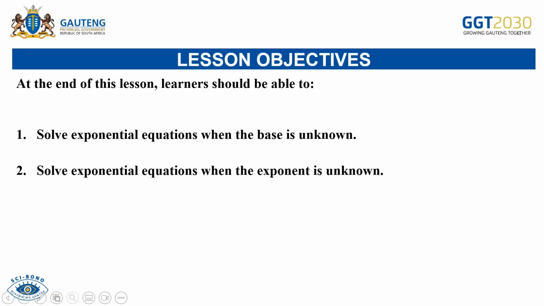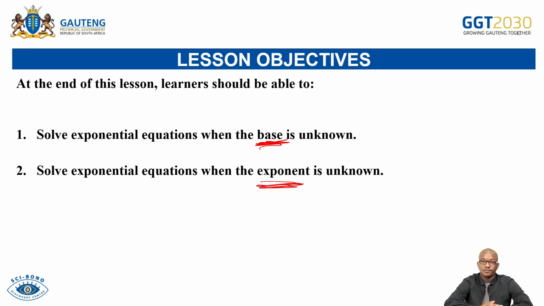Looking at our lesson objectives, at the end of this lesson, learners should be able to solve exponential equations when the base is unknown, and we also need to know how to solve exponential equations when the exponent is unknown. So those are the lesson objectives of today.